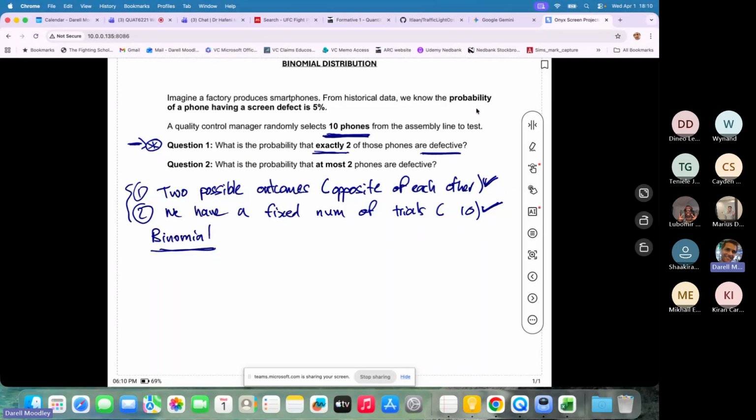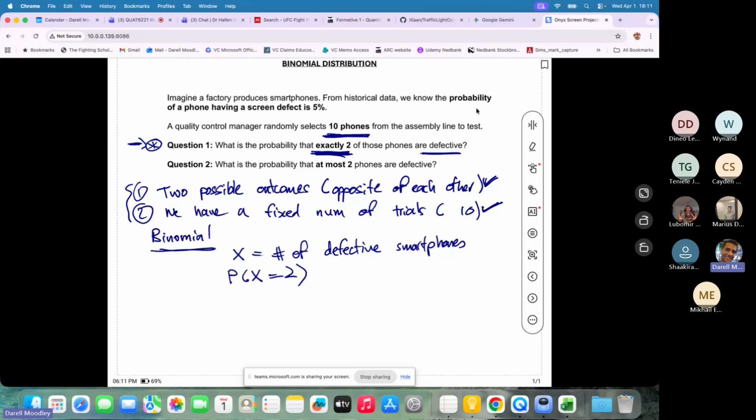So in other words, we need a random variable X to represent the number of defective smartphones. And so what the question is asking us is to work out the probability that X equals 2. That's what we need to work out. Okay, that's how you express it mathematically.